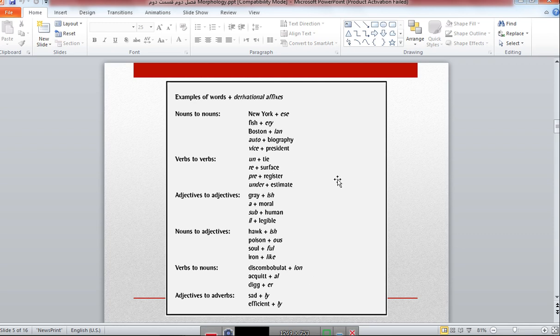These are the examples of the derivational affixes.